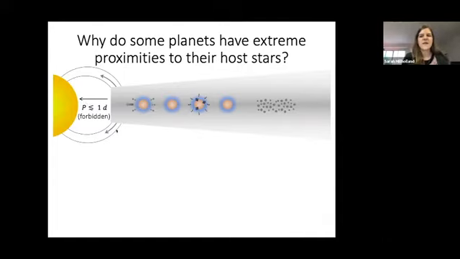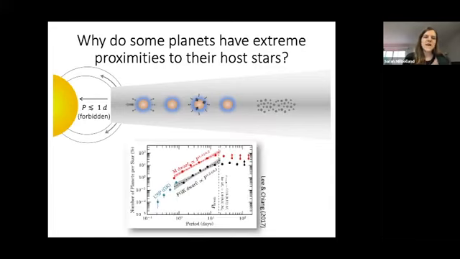These inner edges are thought to be controlled by magnetic truncation, at roughly inside about a 1-day orbital period. However, we do see planets inside of 1-day orbital periods, sometimes as close to their stars as just a few stellar radii.